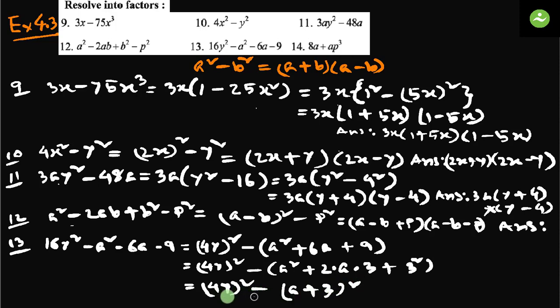Now this is looking like a square minus b square. So we can straightaway apply the formula. If this is a and this is b, what should we write? 4y plus a plus 3 is the first factor, and the other factor is 4y minus a plus 3.